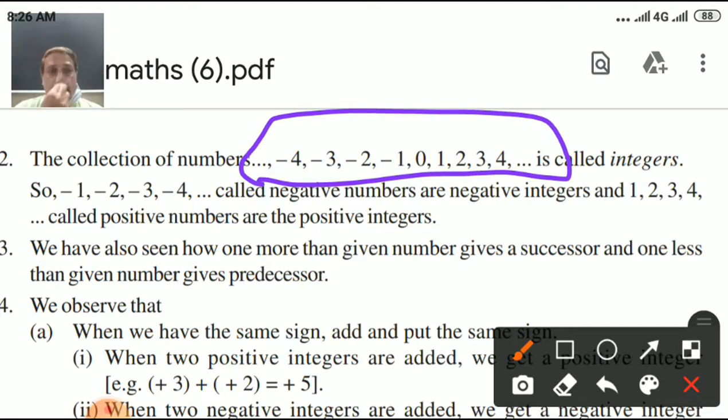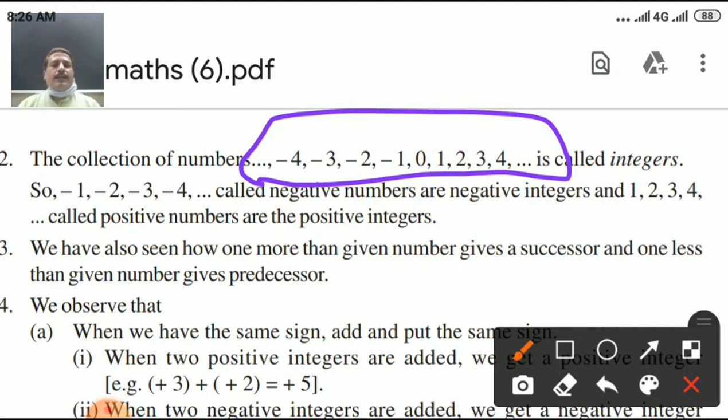So we can say there are negative numbers, positive numbers and 0. We have also seen how one more than a given number gives a successor and one less than a given number gives a predecessor. Successor means next number. Predecessor means before number.